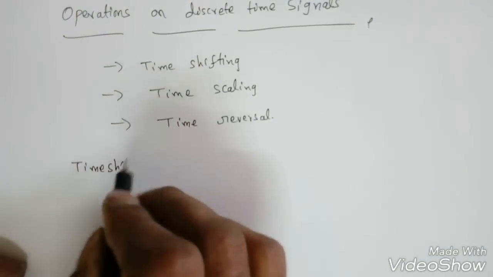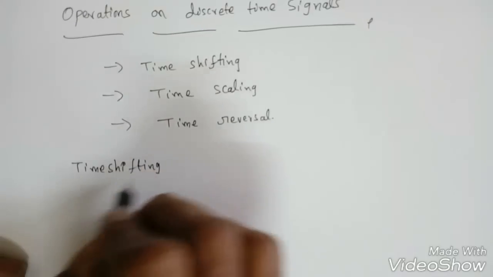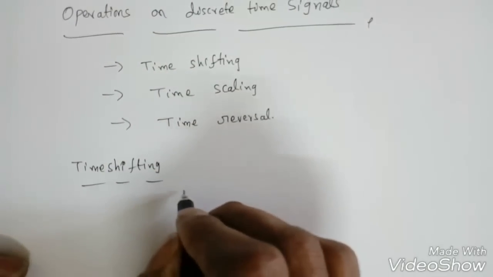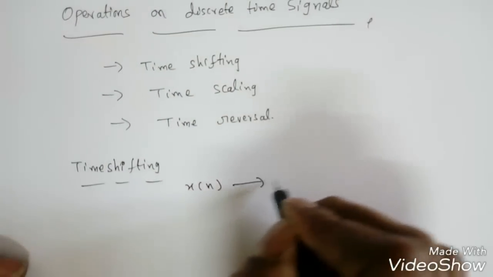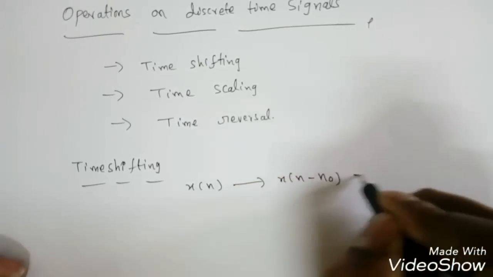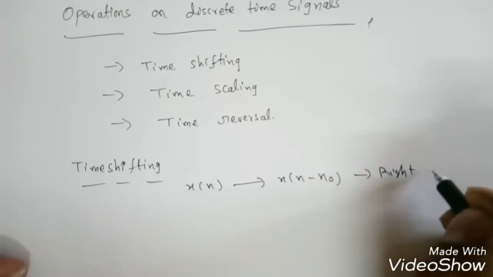It will be either a left shift or a right shift. One is the right shift: x of n is there, then x of n minus n naught is a right shift, or we can say delaying.